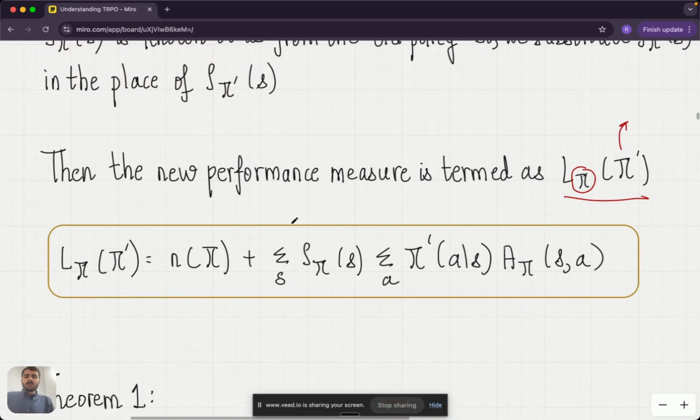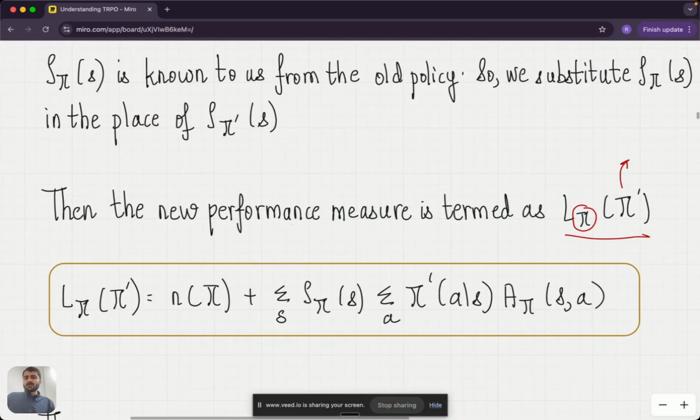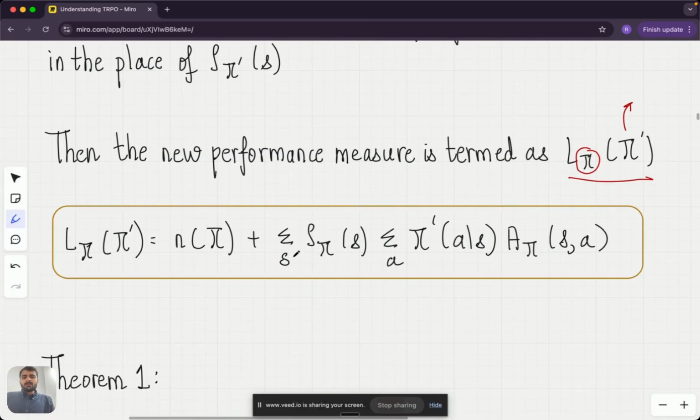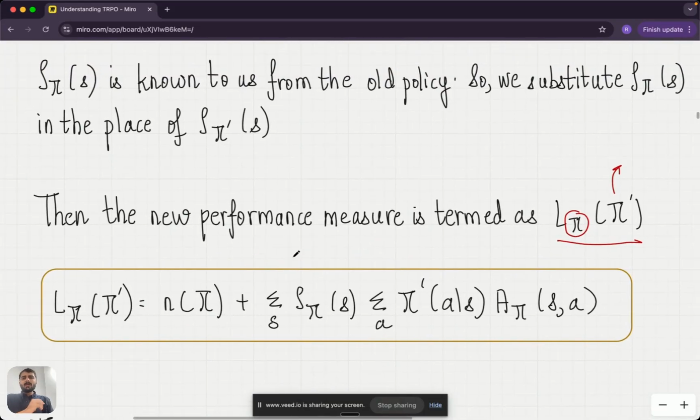So now, once we have understood how to represent the performance measure of the new policy in terms of the performance measure of the old policy in such a way that the expression can be calculated by us, we can move ahead. Remember, the objective is to calculate the best performing policy out of all the policies, and that is why we are writing this expression. We want to get better and better and better, and we want to calculate the optimal policy for our agent.